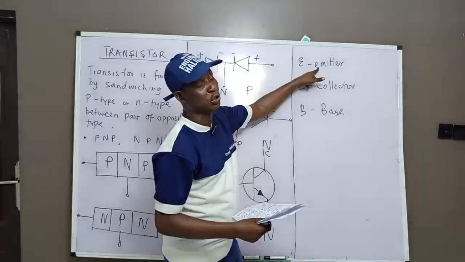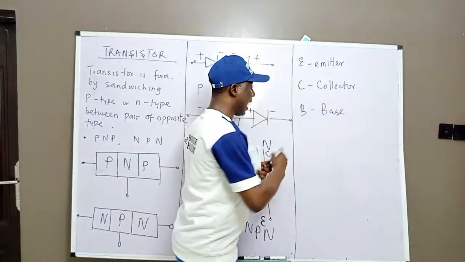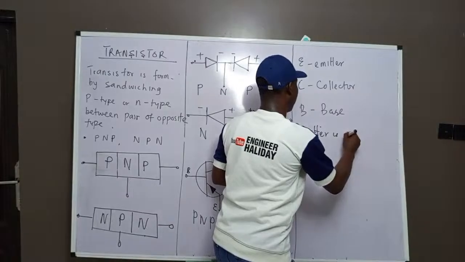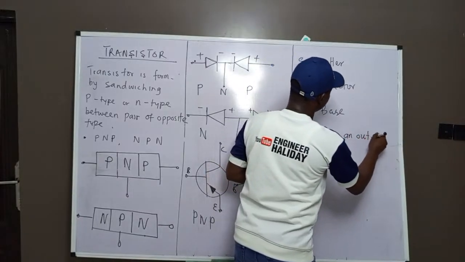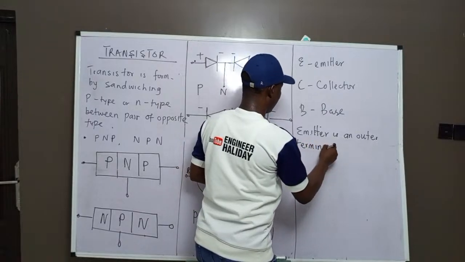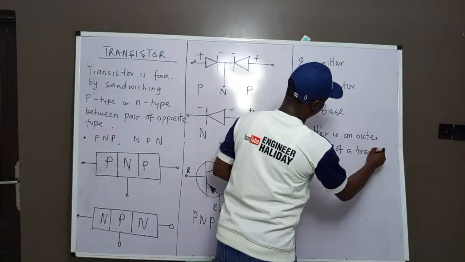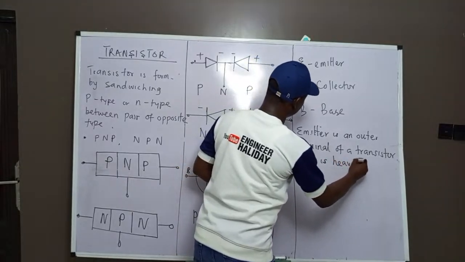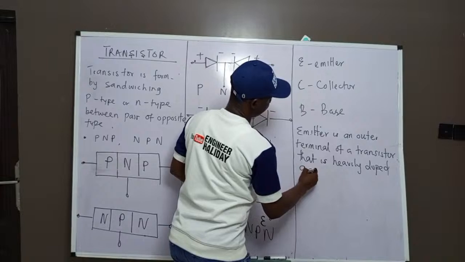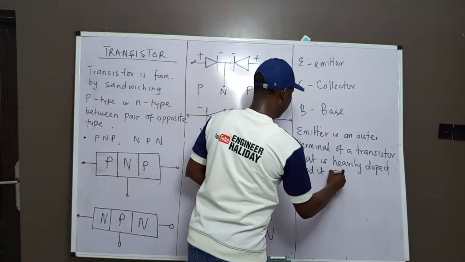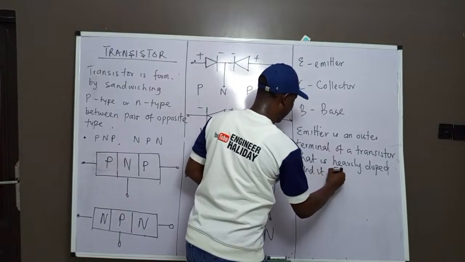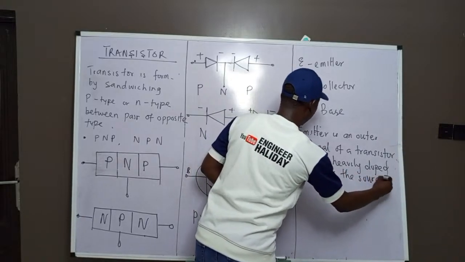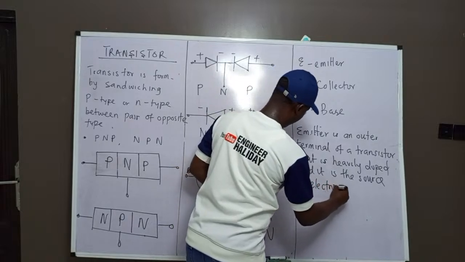It is an outer terminal of a transistor that is heavily doped, and it is the source of electrons.